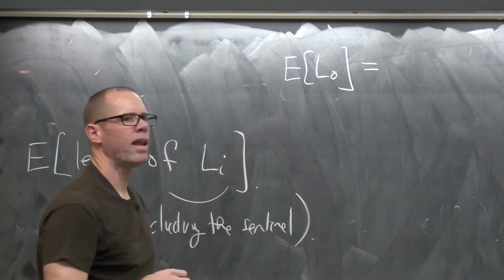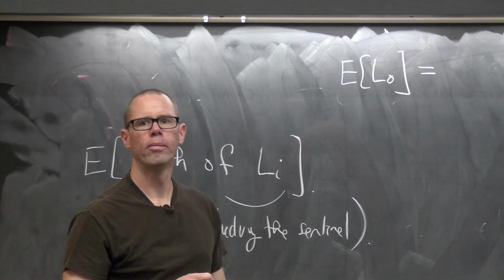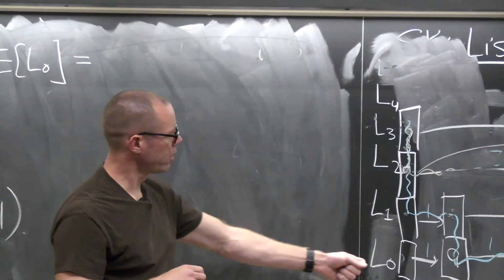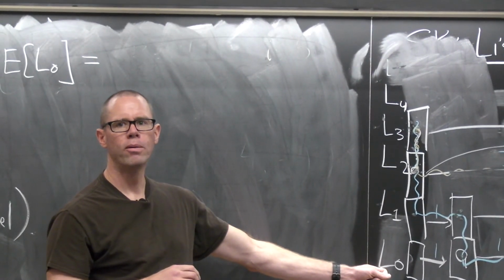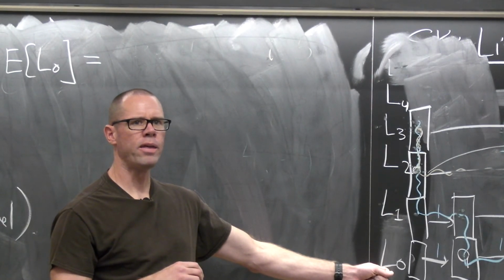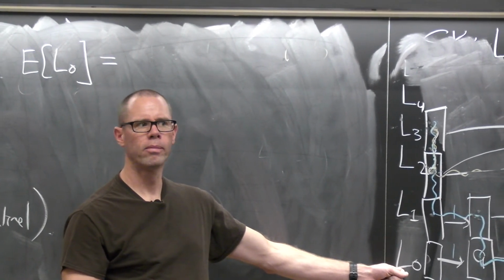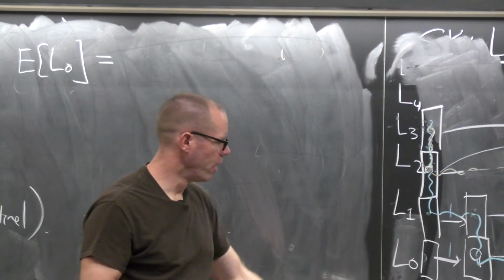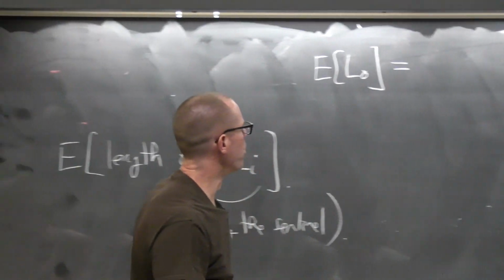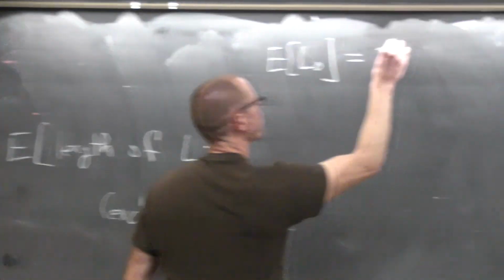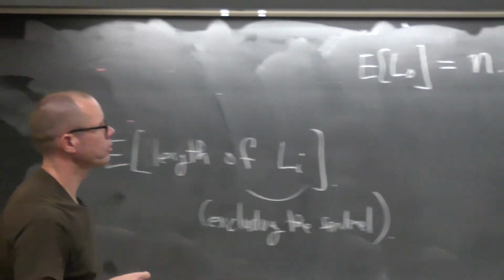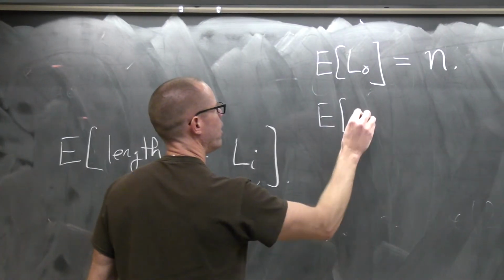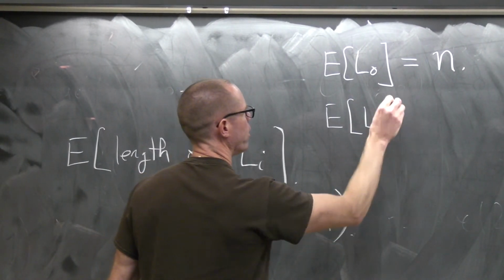So what's the expected length of L0? That'll be true, but L0 doesn't have an Li minus 1, so we have to start somewhere. Is there anything about this that's random? The base case, L0 is always n. Yeah, so this length of L0 is not even a random variable, it's just n. Okay. And what's the expected length of L1?